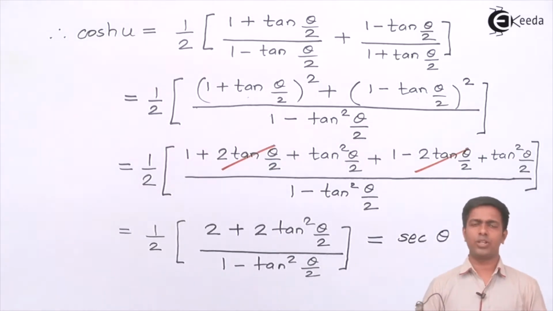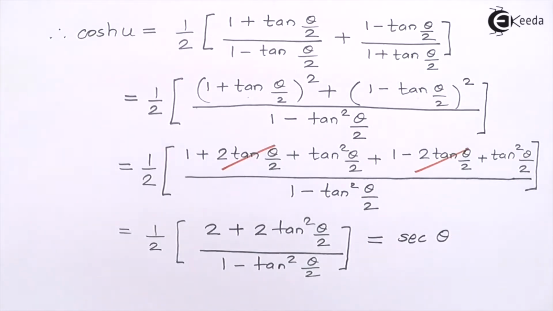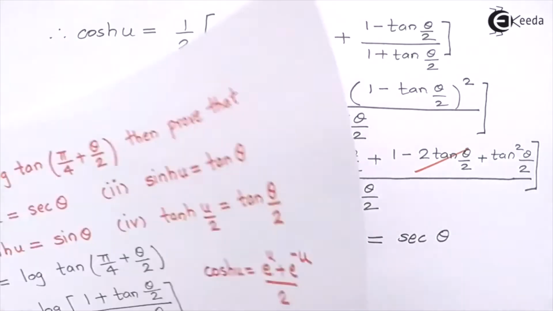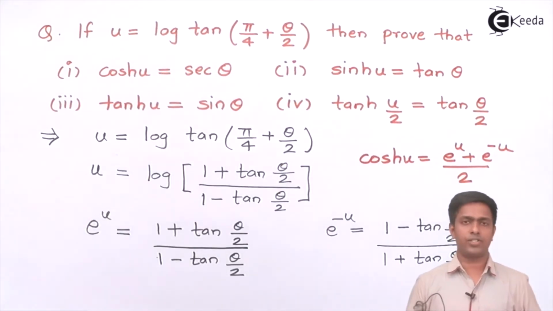Because we know that cos of theta is 1 minus tan square theta by 2 upon 1 plus tan square theta by 2. So sec is the inverse of that. So positive will come in the numerator and negative in the denominator. So guys, here we got the value of hyperbolic cos u as sec theta, which was the required result. So here we have proved the first result.